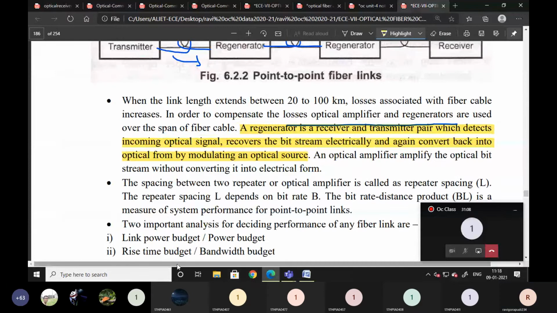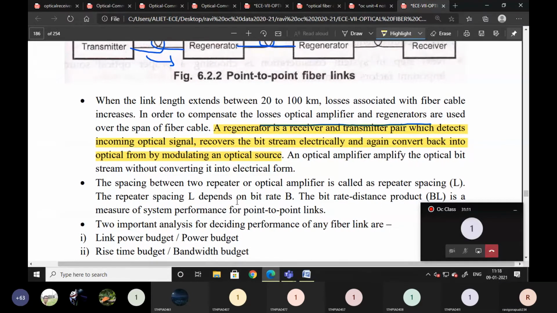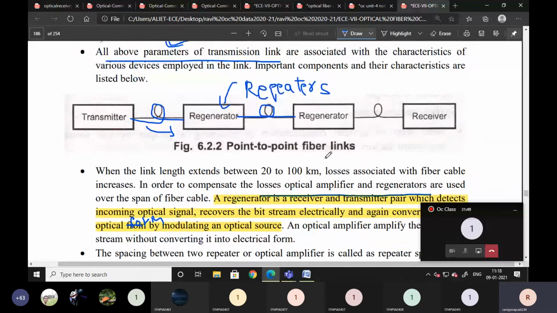See here, a regenerator is a receiver and a transmitter pair which detects the incoming optical signal, recovers the bit stream electrically, and again converts it back into optical form by modulating an optical source.